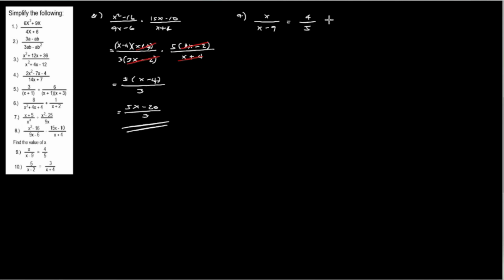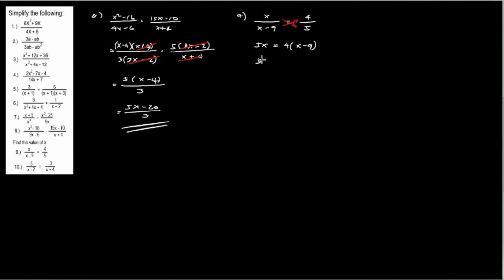Using cross multiplication, you cross multiply x, the numerator, with the denominator, so x times 5, or 5x, and cross multiply the denominator and the numerator, which is equal to 4 times x minus 9. And then simplify.